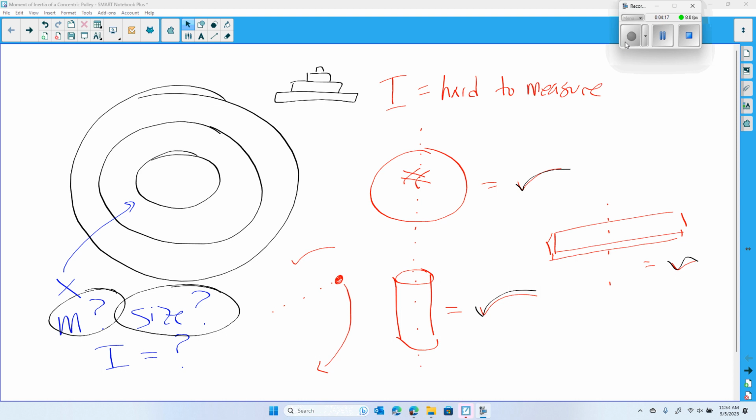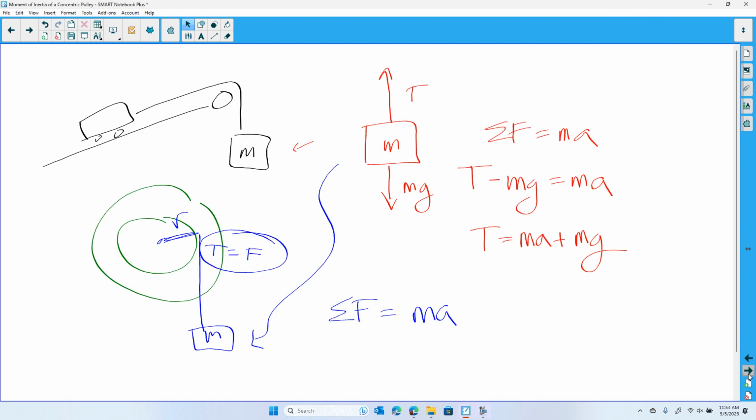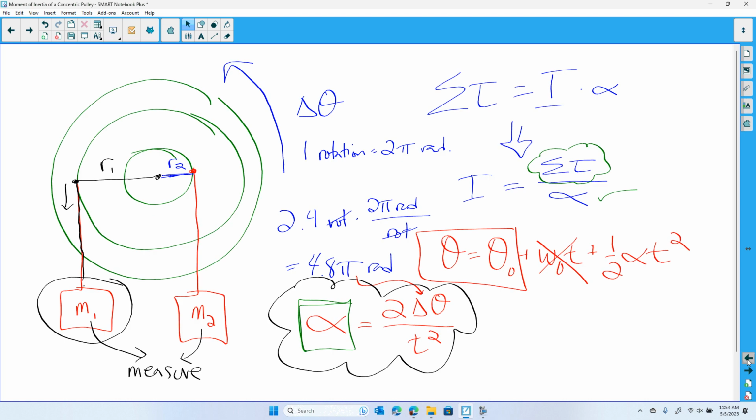So we have another way that we can think about this, because one way that we can find moment of inertia is if we have an equation that relates mass and size. We also have moment of inertia in Newton's second law for angular acceleration. Newton's second law for angular acceleration says the sum of torques on an object, that is the force times leverage, the rotational, twisting force, will be equal to moment of inertia times alpha, and alpha is angular acceleration.